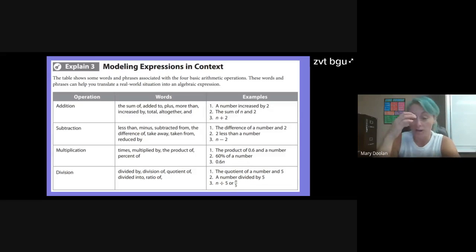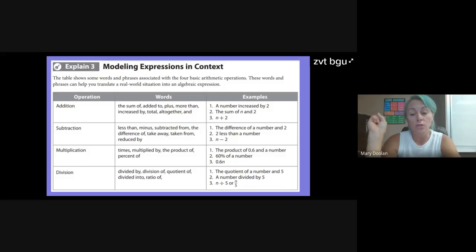For subtraction, you have less than, minus, subtracted from, the difference of, take away, taken from, reduced by. And so with subtraction, we have some examples too. The difference of a number and 2. 2 less than a number, and n minus 2. Those are all examples that mean the same thing. With subtraction, you have to be careful because the order is very important.